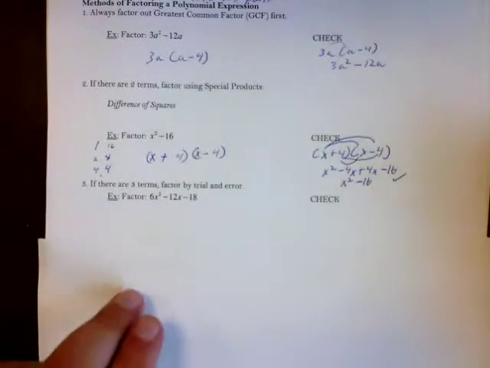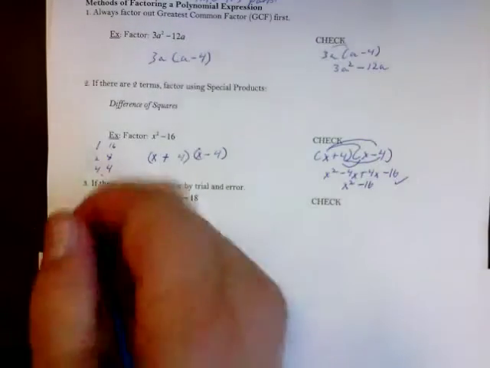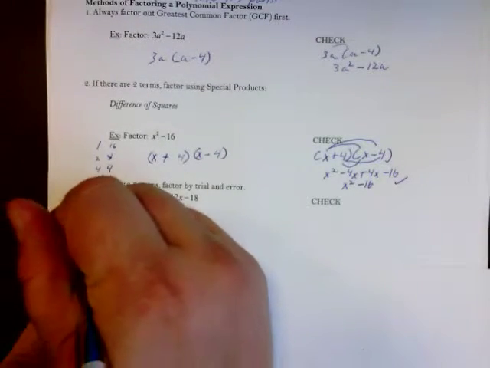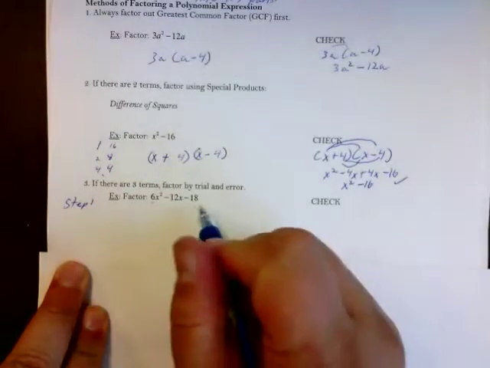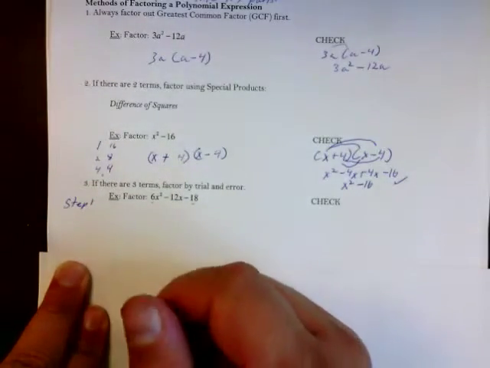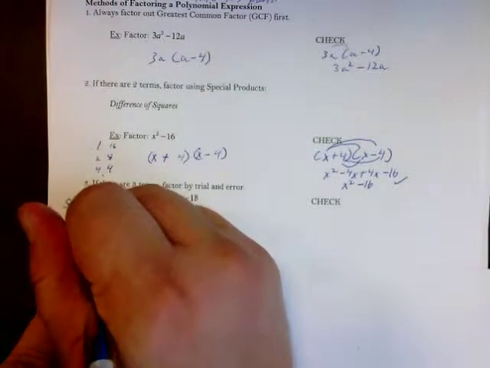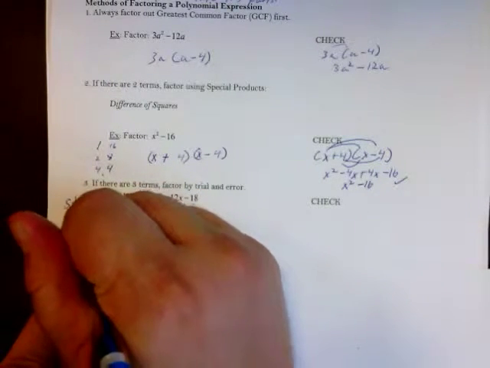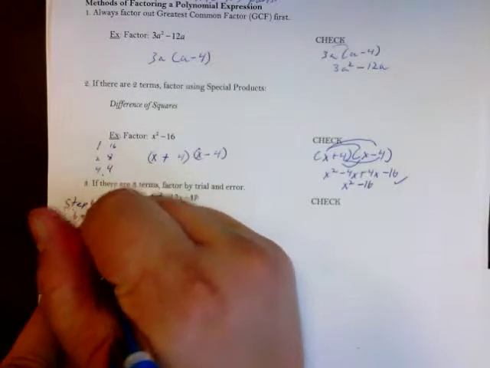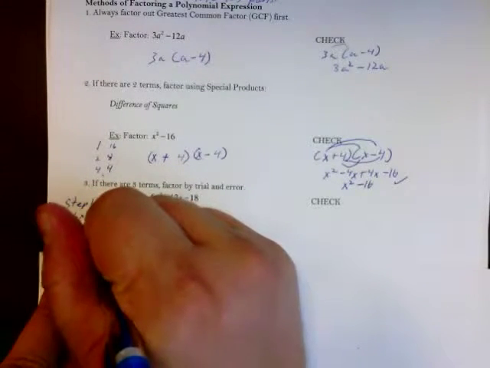So here we go. We're going to do our best to break this up, and the first thing I'm going to want to do is look at the factors of my leading and my end terms. So for factors of 6x squared, I need to look at 6x times x, 2x times 3x.